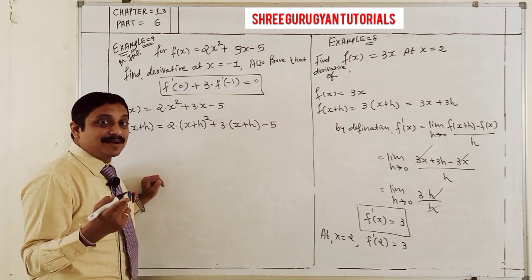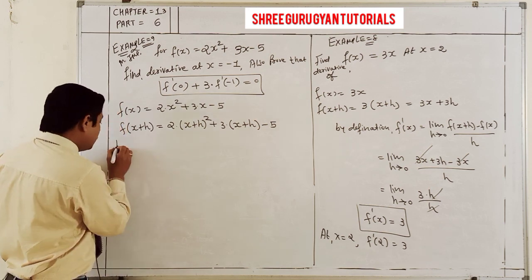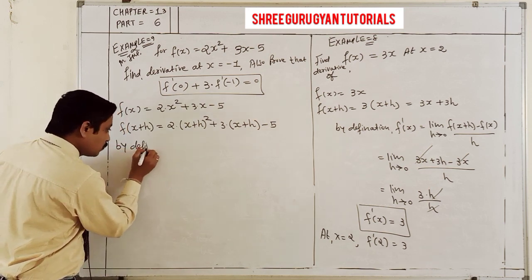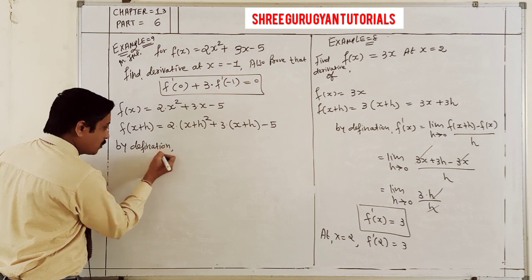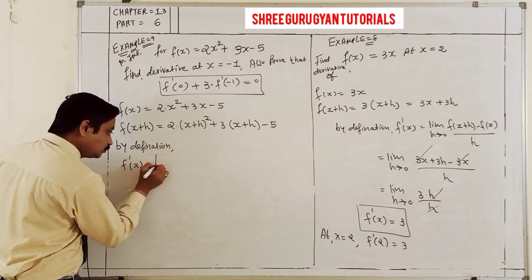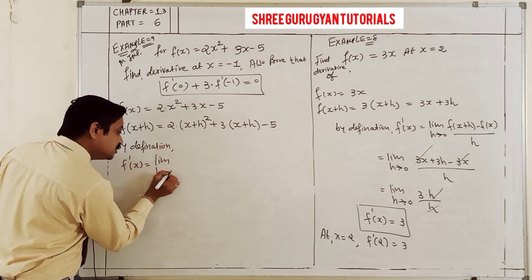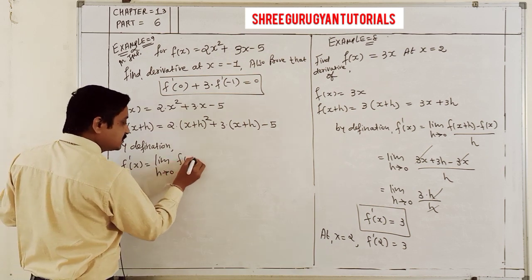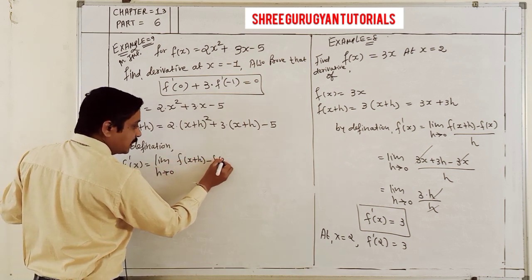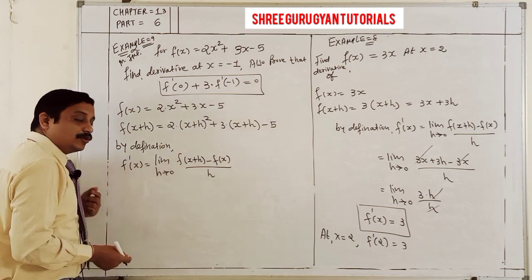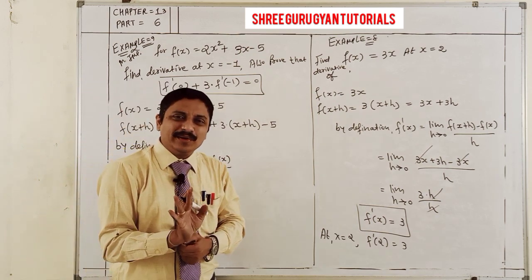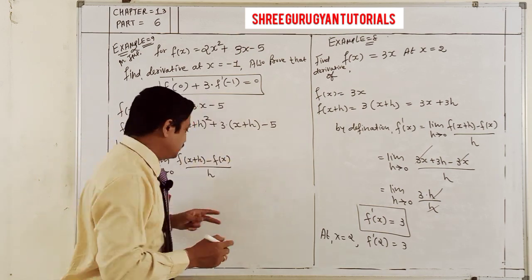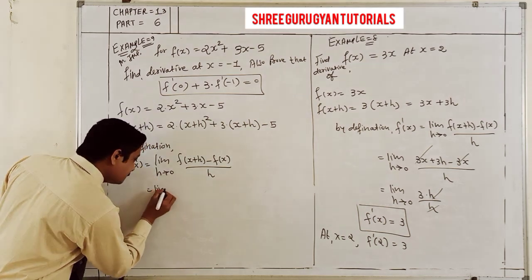Now you will expand all the functions. By definition, f'(x) is the limit as h tends to 0 of [f(x+h) - f(x)]/h, and apply both values respectively to your given data.